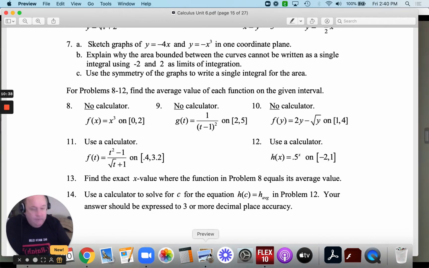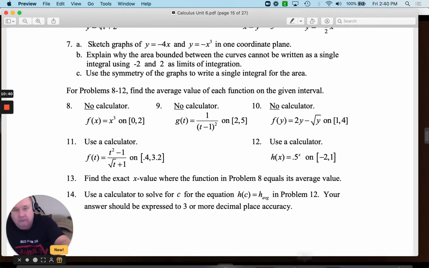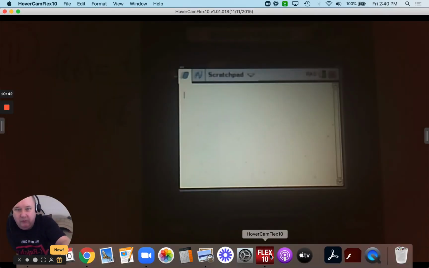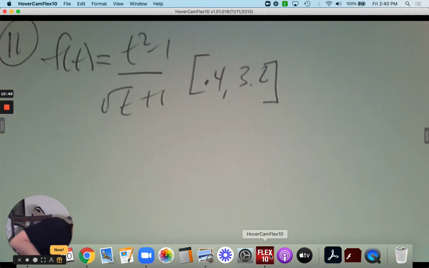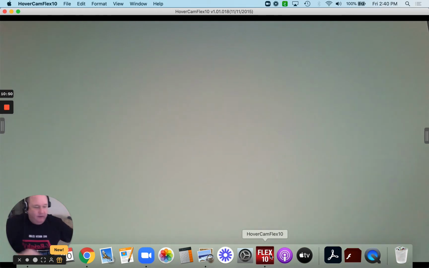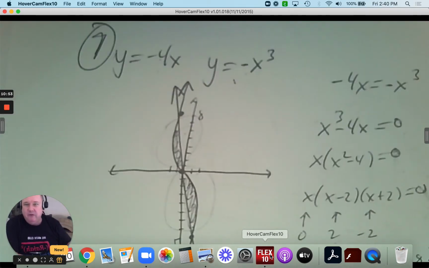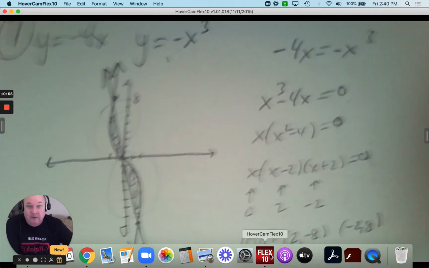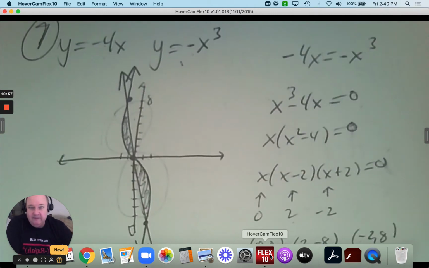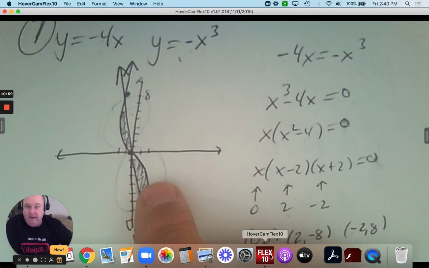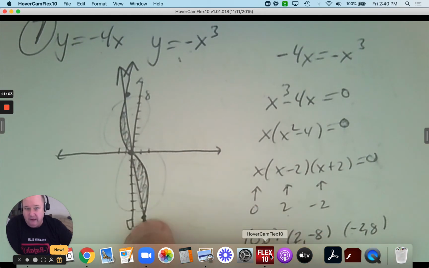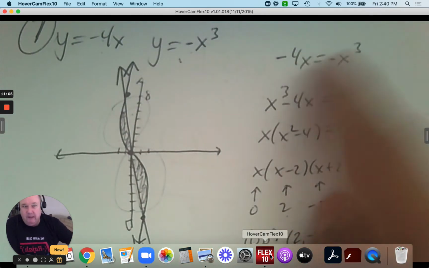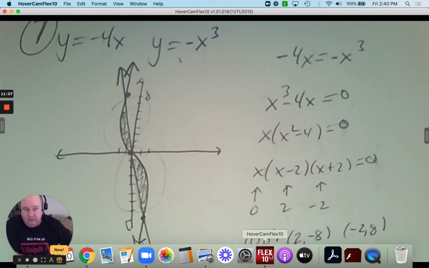Oh, have I not been even showing you my work? Have I not been showing you my work going back and forth? I can't remember. Let me go back here as I talk through it. Here's number 7. When I graphed it, and we integrated from 0 to 2, the curve was above the line, and we made them equal to each other and solved it.